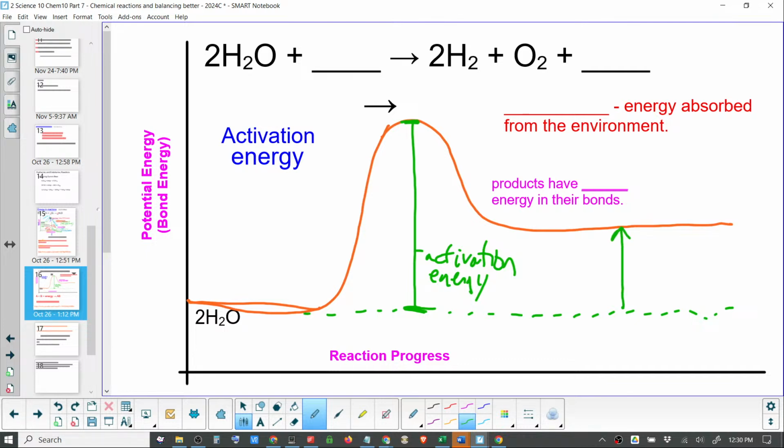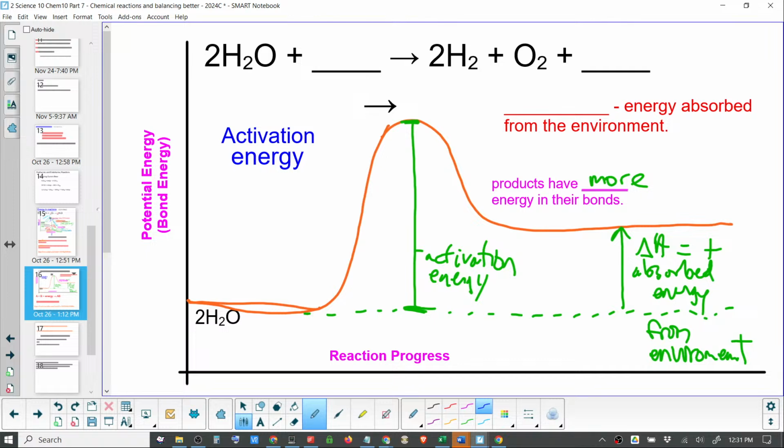So this is the delta H, and it's positive because it absorbed energy from the environment. The products have more energy in their bonds. And this is endothermic.